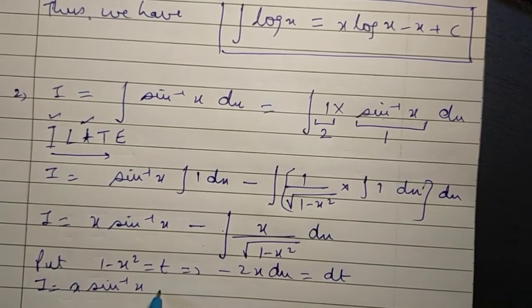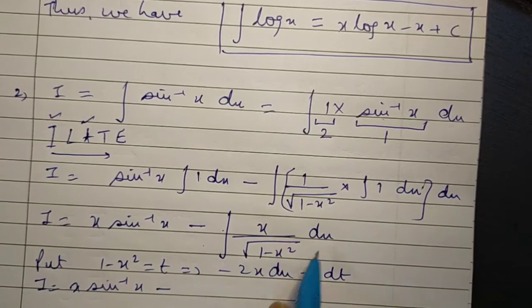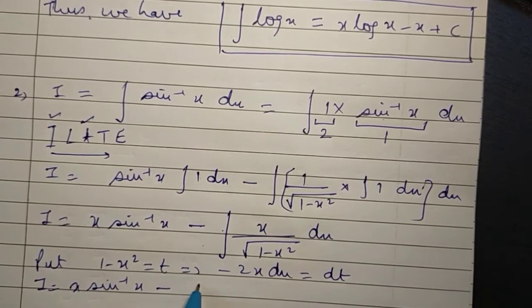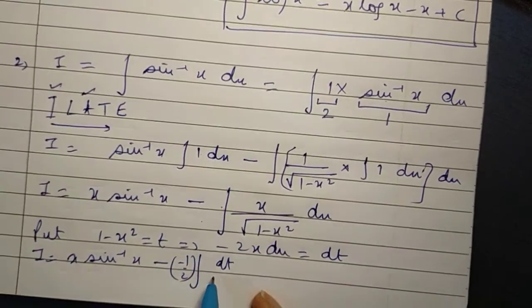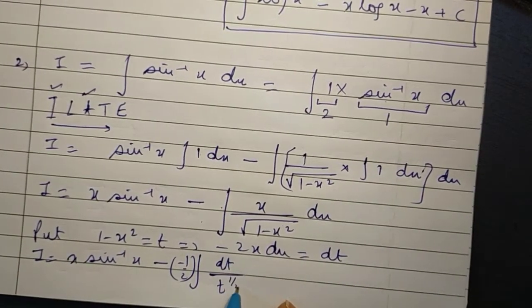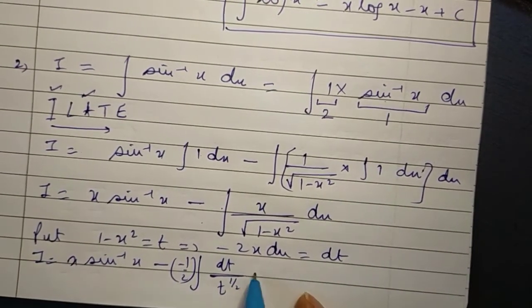Now minus, x dx can be written as dt upon minus 2, into t raised to half, which can be easily solved. So let's quickly complete it. So what do we get?